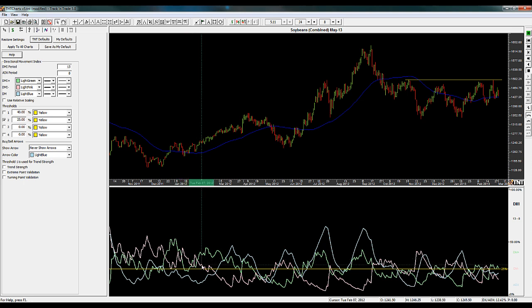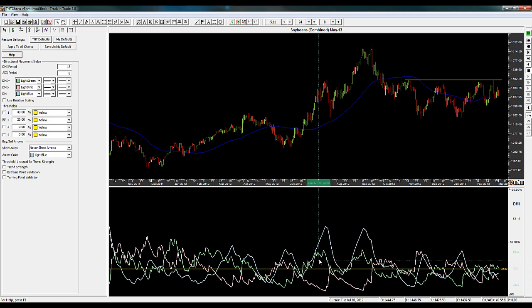What DMI Positive measures is bullish market pressure, and DMI Negative measures bearish market pressure. Whichever line is on top is the side of the market that has control over price at that moment. The greater the distance between the two lines, the more influence the upper line has.